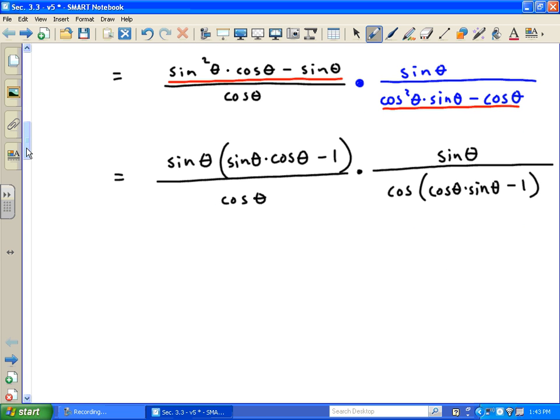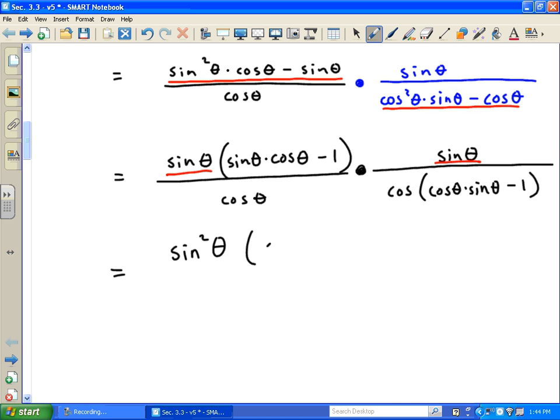We see a whole lot of different things. The first thing is there are two sines in the top that can be collected. This whole thing is being multiplied, so I can collect the sines that I have on the top and say there's 1 here multiplied by 1 there, so that'll give me sine squared.